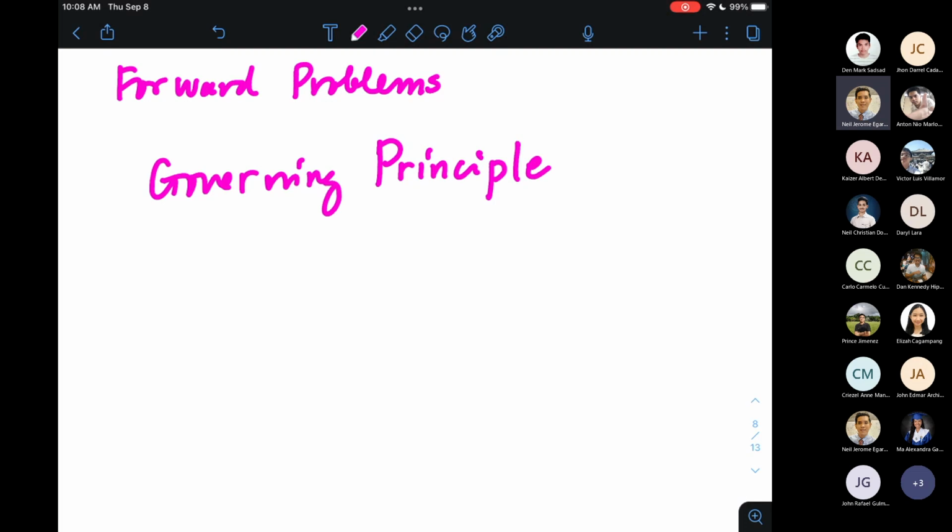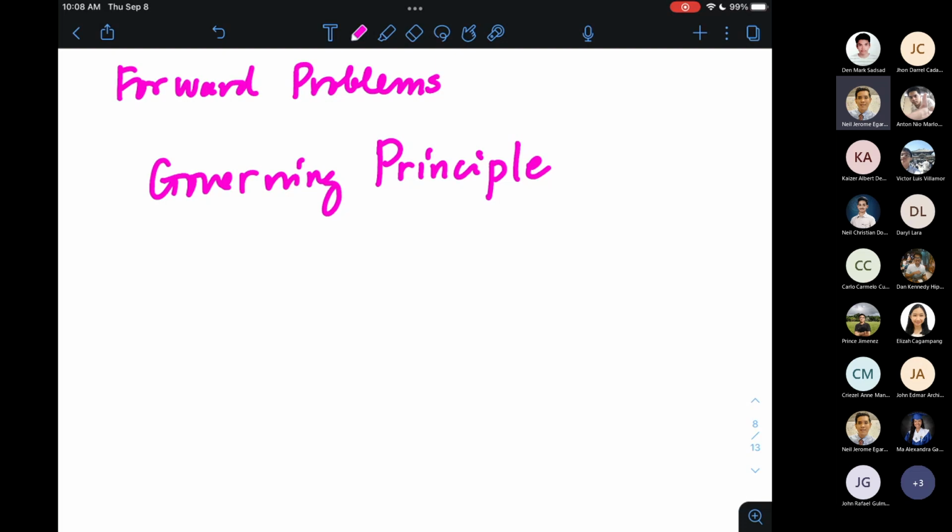All right? So the governing principle can be a set of rules.